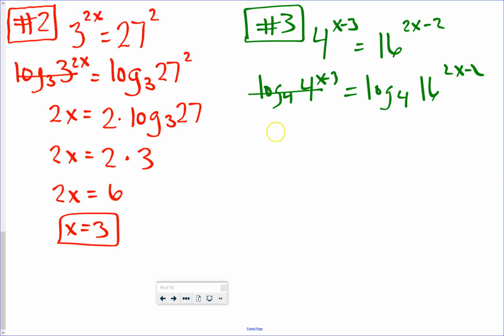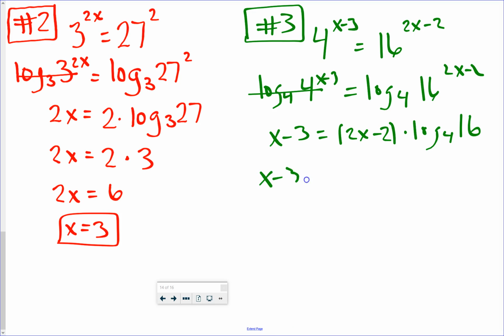Left side cancels. I have x minus 3. I'm going to do my power property. So I'm going to bring 2x minus 2 out front, multiplied by log base 4 of 16. What is log base 4 of 16? It is 2. So we get x minus 3 equals 2x minus 2 times 2.